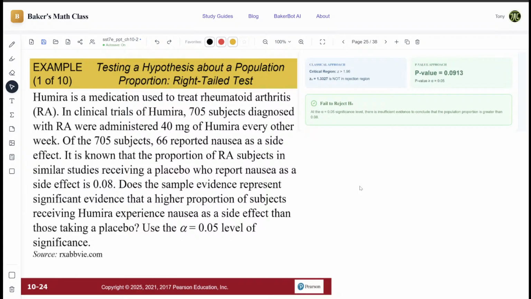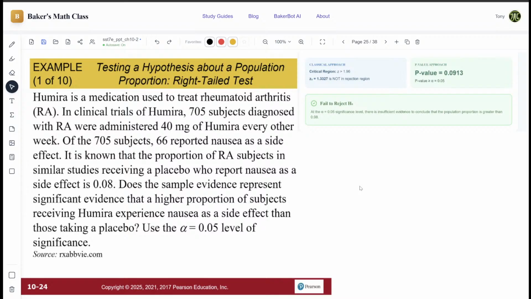It's either you're going to fail to reject or you're going to reject. So that's not what I'm looking for, because you can guess 50-50 and do well in the test. The biggest piece to this test is being able to figure out the null hypothesis and alternate hypothesis, and then being able to write the conclusion based on the information they gave you. That's going to be the biggest part of this test, is the conclusions.